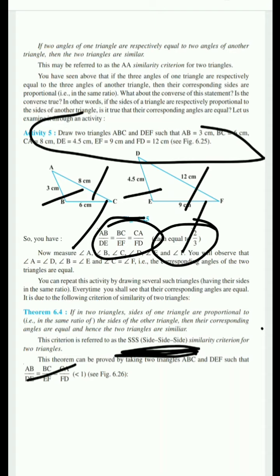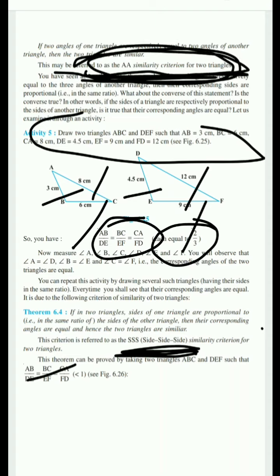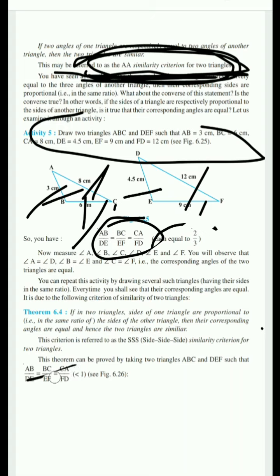So here we will use two similarities. One is the similarity criterion of triangles, meaning if we have two angles the same, the third will automatically be the same and we will call it a similar triangle. And if the ratios of the sides are the same, then we will again say that the two triangles are similar to each other.